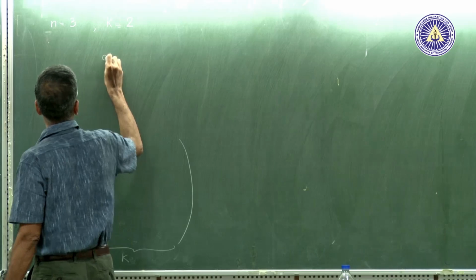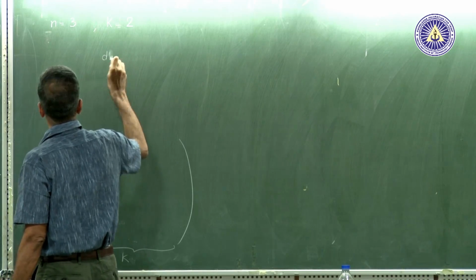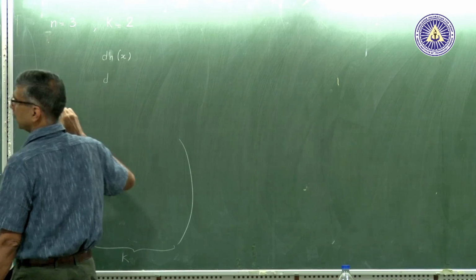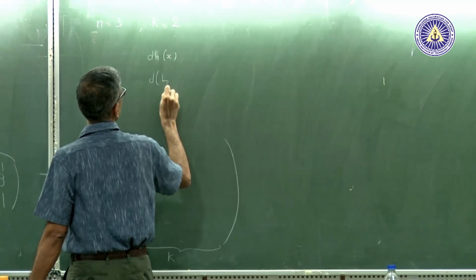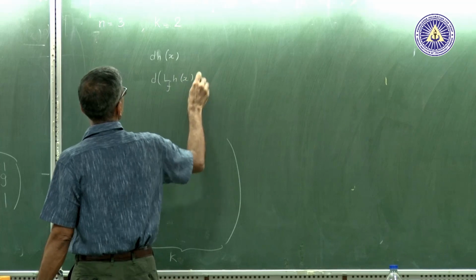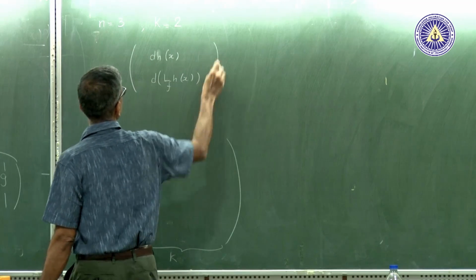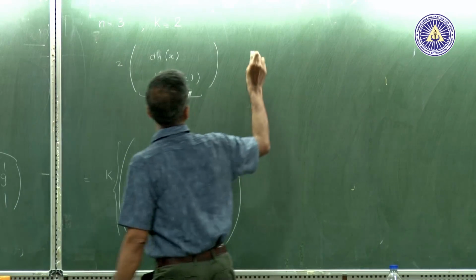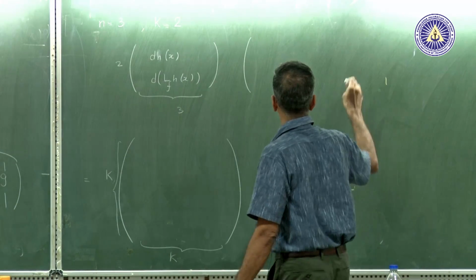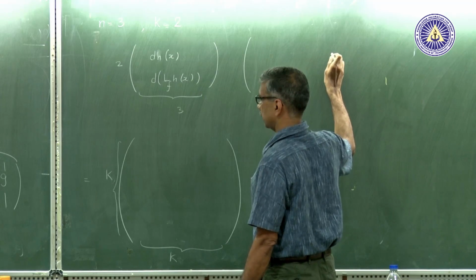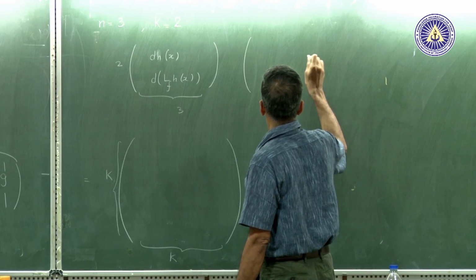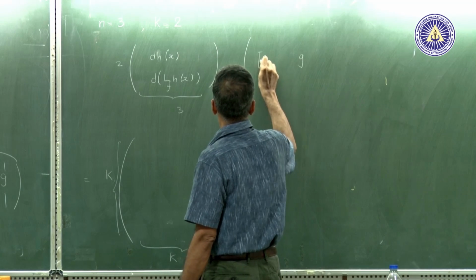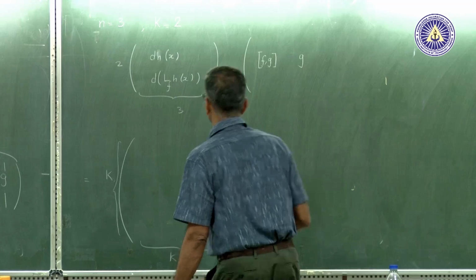Therefore, I have dh there, then I have d L_f h(x). So this is 2 by 3, correct. Here I have g, and actually this case may turn out to be very simple.